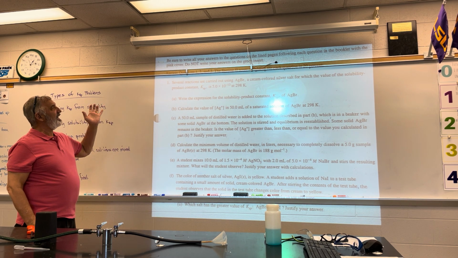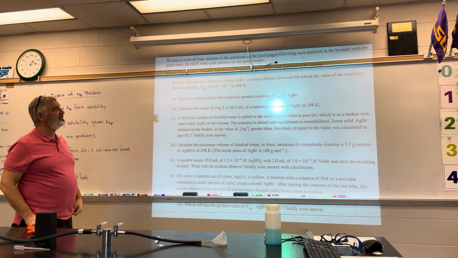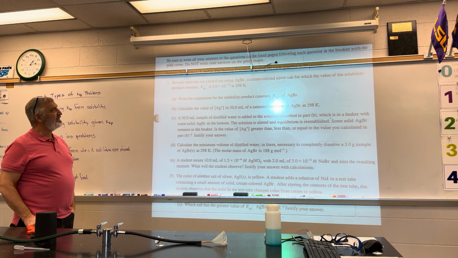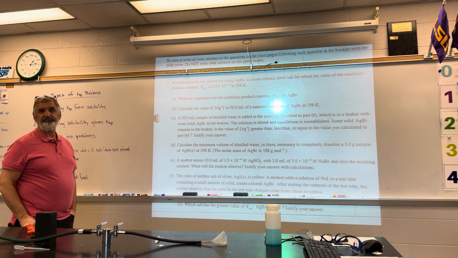So, several reactions are carried out using AgBr, a cream-colored silver salt, for which the value of the solubility product constant is given as 5 times 10 to the minus 13. So write the expression for the solubility product constant KSP. Okay? So go ahead and just do that. You should be able to do that.